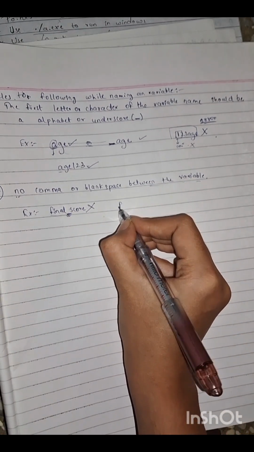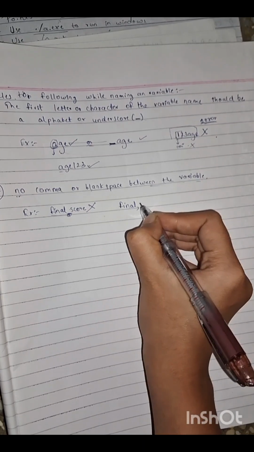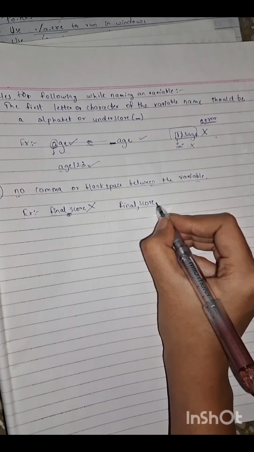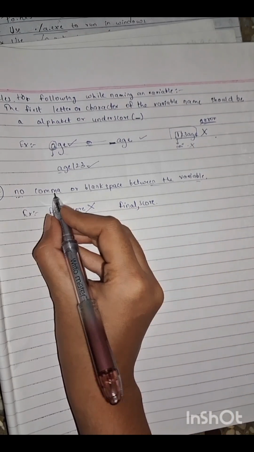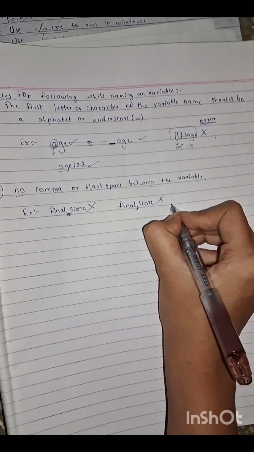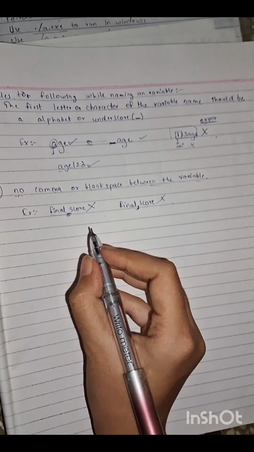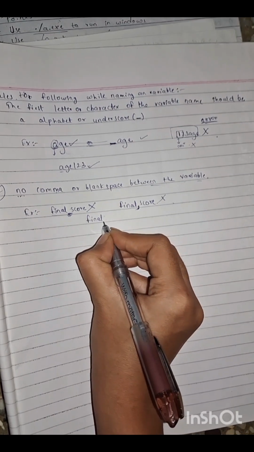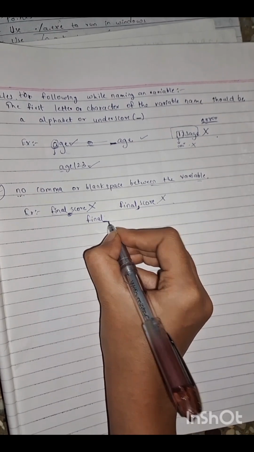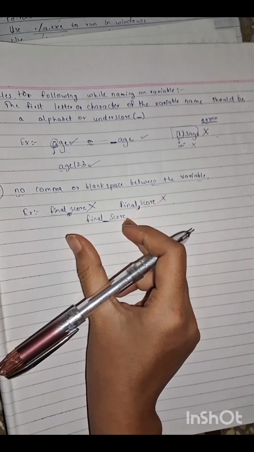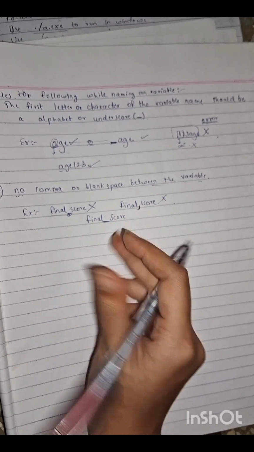So this is wrong. And also if I write final,score, the rule says that no comma, but here I gave a comma, so this is also wrong. So what's the correct method to write? You can write final_score, and you can use an underscore to separate the two words.